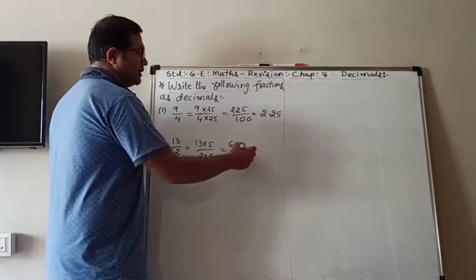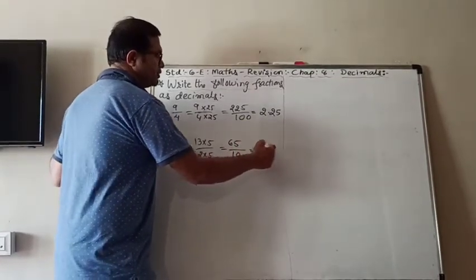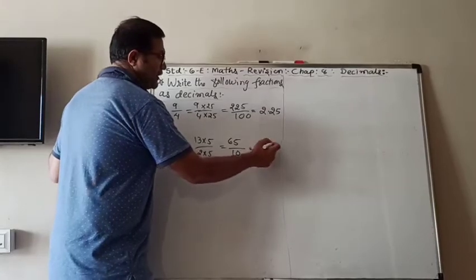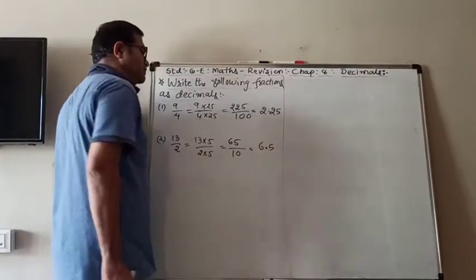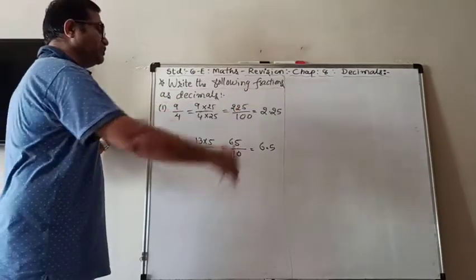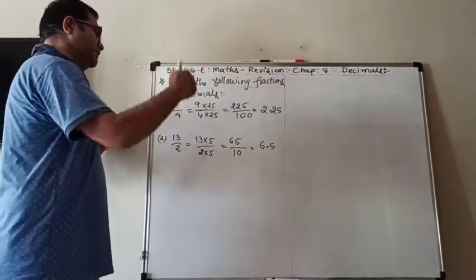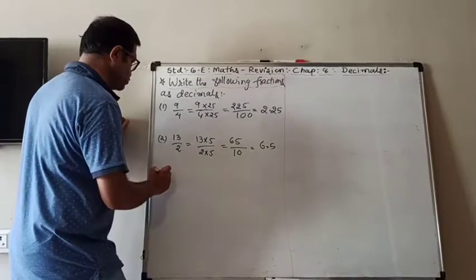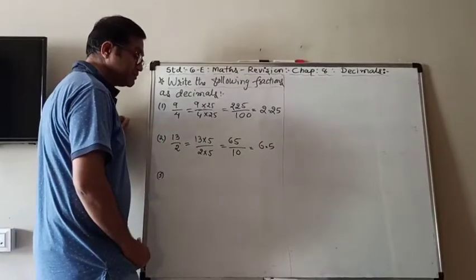So now only one decimal because there is 10. So for 65, we have to keep only one digit after the decimal point. So we leave 5 on the right side, and before that we keep the decimal point.